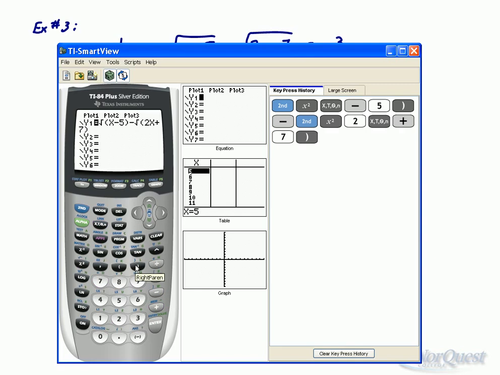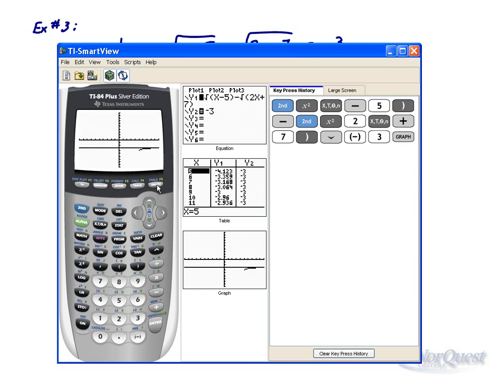So that's equation 1. And equation 2 is negative 3. So we're going to look for where these graphs cross, and that is going to be the solution. We may have to adjust our window settings, but let's check it out first and see if we can see where these graphs cross.